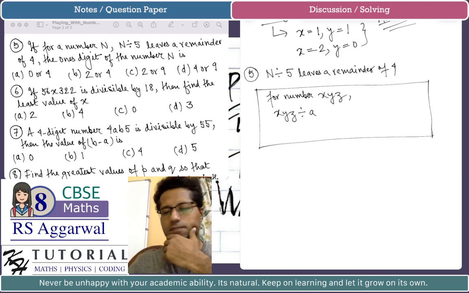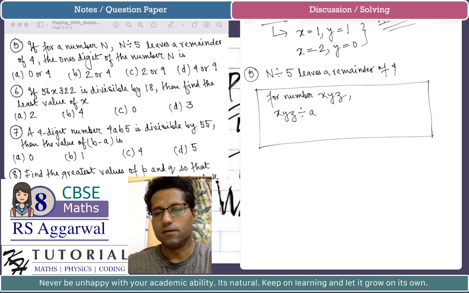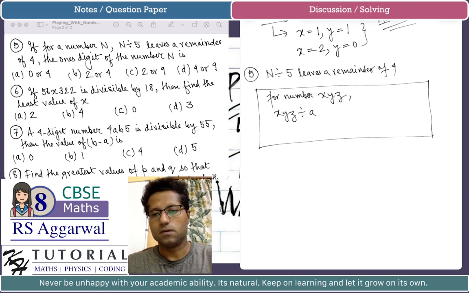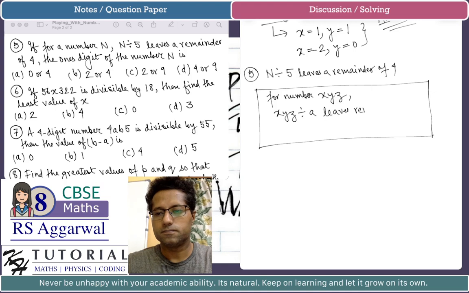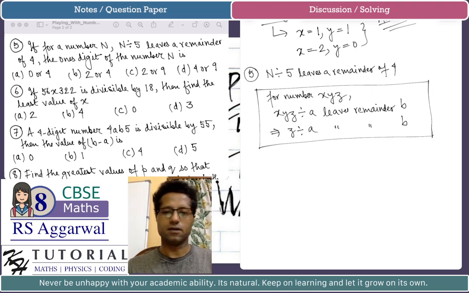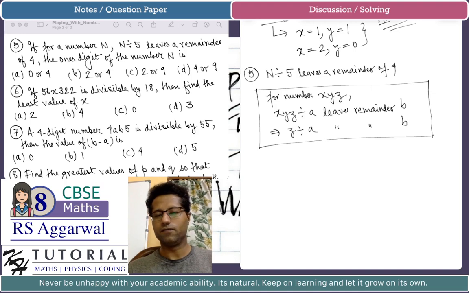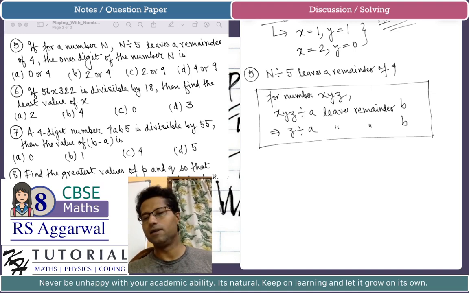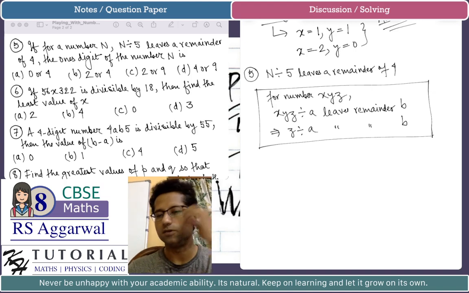If x, y, z divided by a, which is also a digit, leaves a remainder b, where b is also a digit, this will imply that z divided by a also leaves the remainder b, because the number xyz when divided by another digit, the remainder will entirely depend on the units digit of the number.